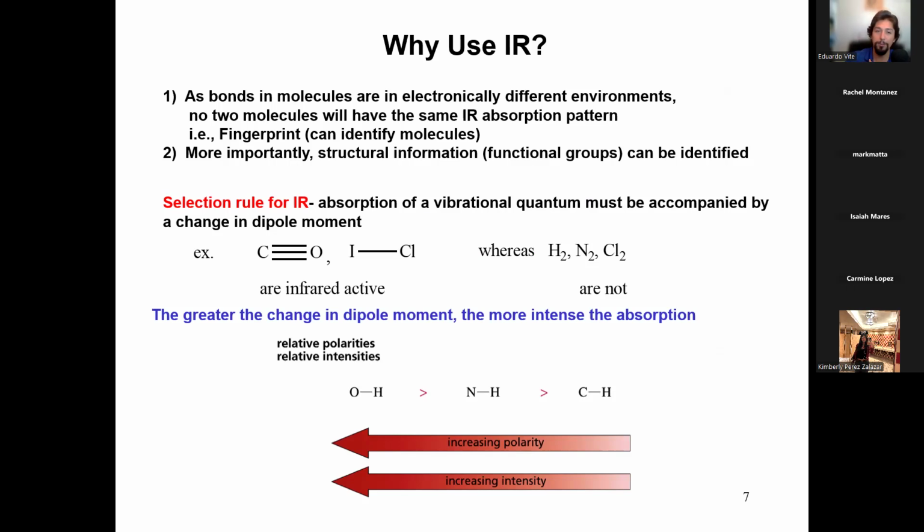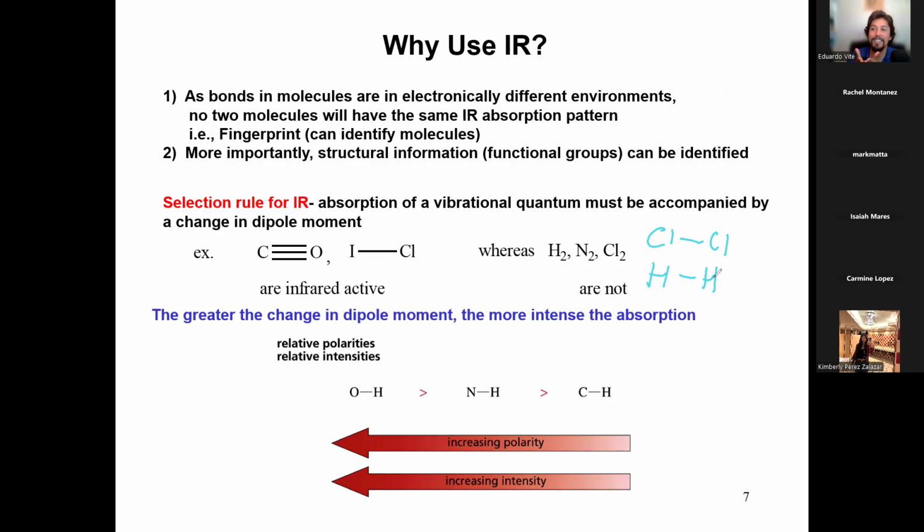So some molecules you might remember from 111A, like H2 or N2 or Cl2, these are diatomics. If these molecules vibrate, well, you have a hydrogen and a hydrogen, same mass, same electronegativity. When they vibrate, there is no change in dipole.